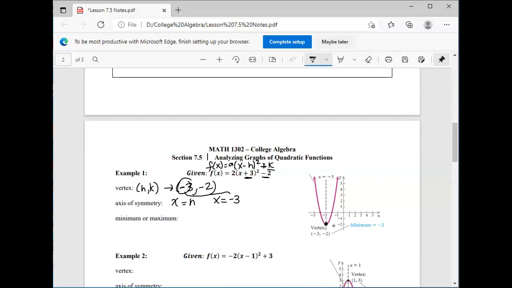If you look at this, you can tell the vertex is either the lowest point or the highest point on this graph. And it is definitely the lowest. So we would have a minimum, and our minimum is the point negative 3, negative 2. Right? Anybody confused by that?